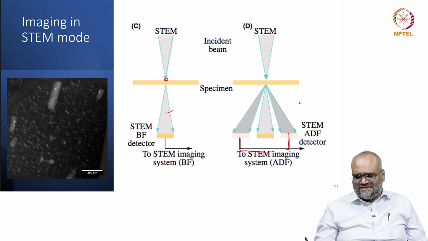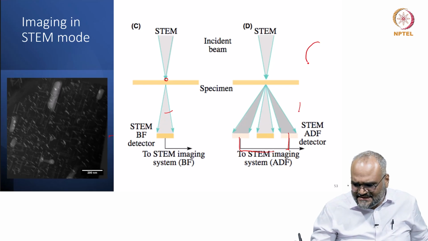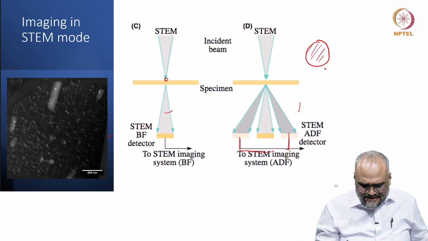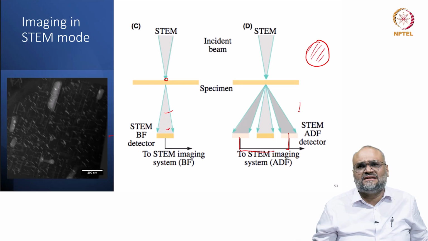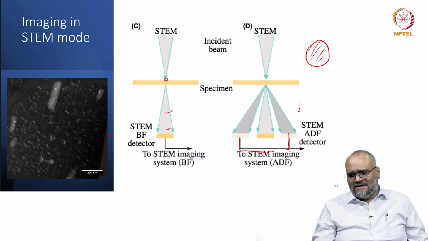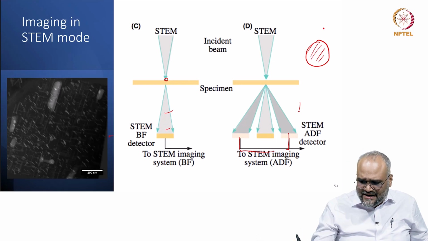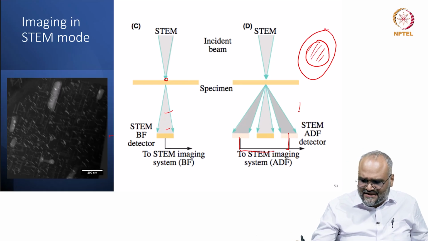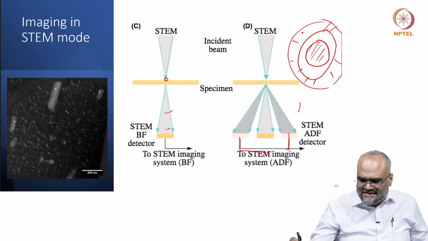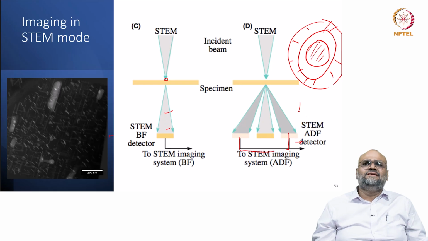If I look at this from the top view, the bright field detector is somewhere at the center, where I am collecting the forward scattered information closest to the principal axis, and by using an annular dark field detector I am collecting the radial information which is scattered at a slightly larger angle.